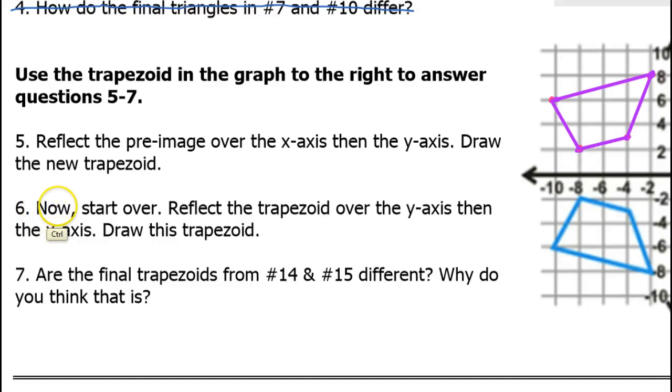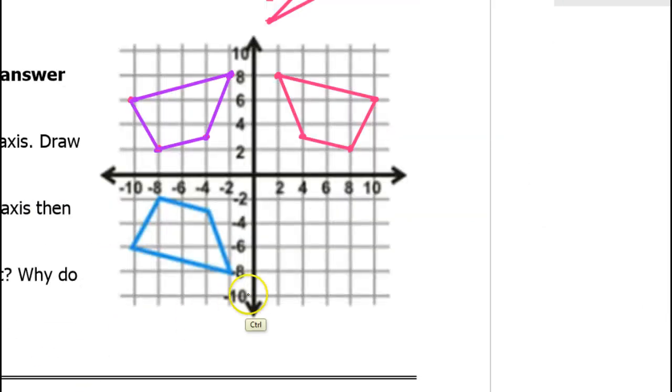Number 6 says, now start over, reflect the trapezoid over the y-axis and then the x-axis. Okay, and let's see what happens. All right, let's do it step by step again. So if I take this point and reflect over the y-axis, that's going to be here. If I reflect this point over the y-axis, it's going to be here.